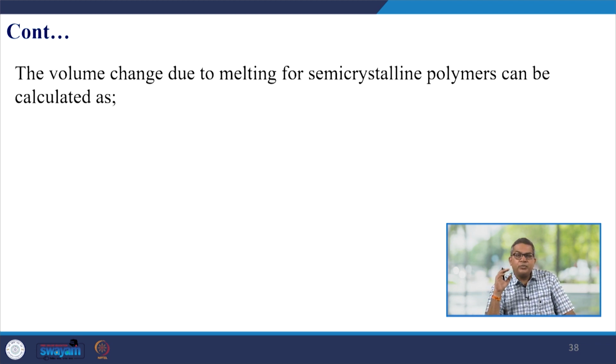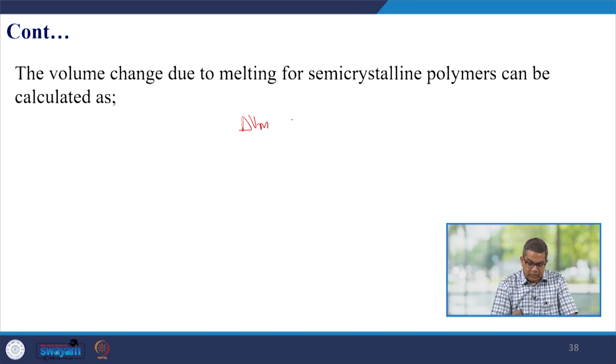Now, the volume change due to the melting of semi-crystalline polymers can be calculated as delta Vm, because whenever you heat the segment, there may be a change in the volume, or if you cool down the polymeric mass, there may be certain contraction. So, it's quite evident that you need to calculate the volume change.